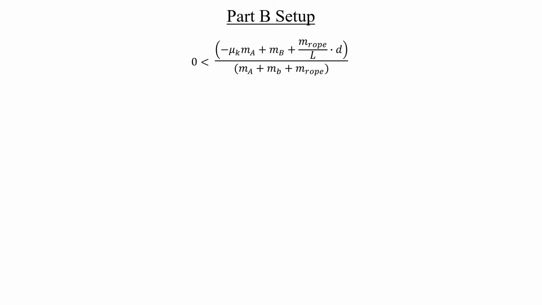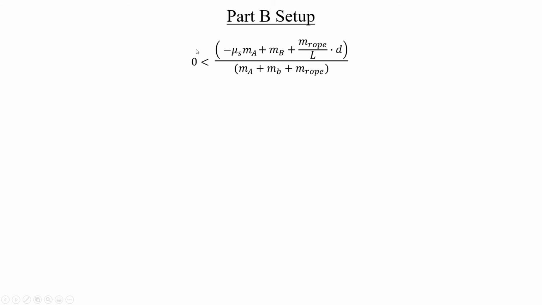And if the blocks are not moving, and then they just start to move, well, we can't use kinetic friction. This is a problem. We need to switch. We need to use static friction instead. And so the goal of part B is to use this expression to solve for what D would be.